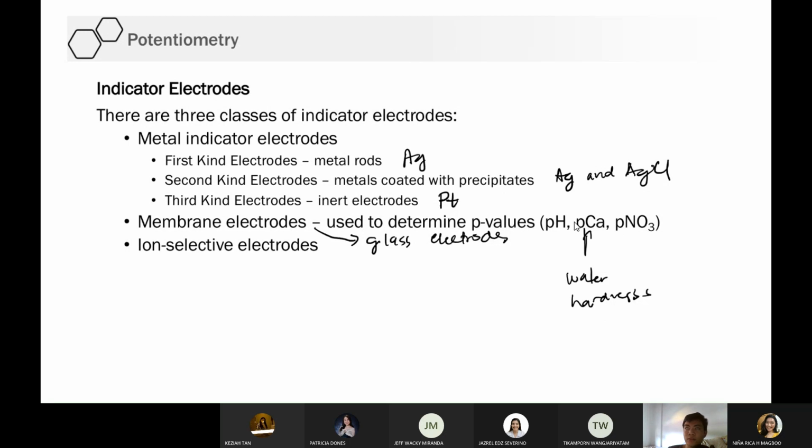So the higher the calcium content is, the harder the water is. In water supply, we try to minimize the amount of calcium in our water system because when you have calcium in your water, it precipitates out. So that's why in the province, if you have well water and you boil off the water, what happens inside your kettle?